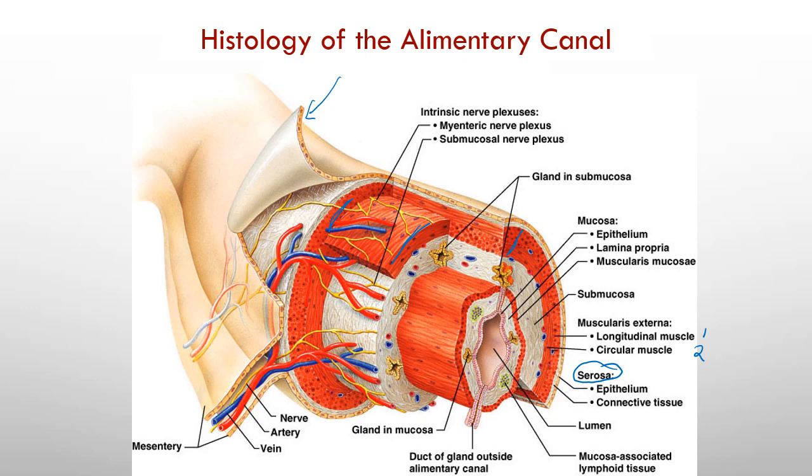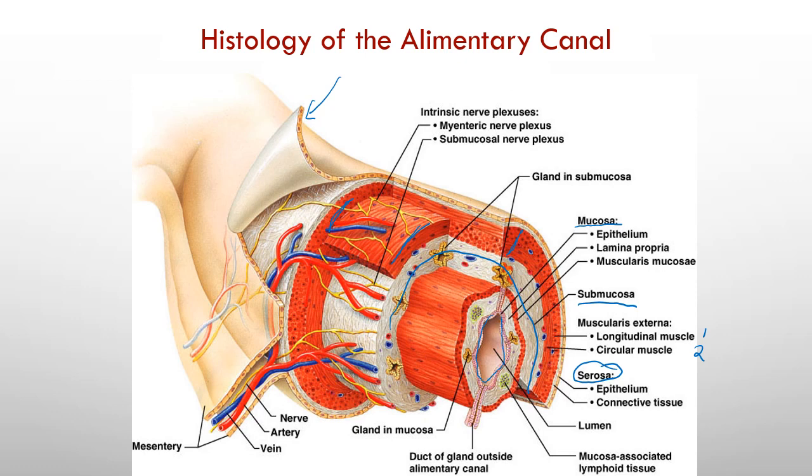Deep to the muscularis layer, we then have a submucosa. The submucosal layer has glands and blood vessels quite a bit in there. And then we move into the epithelium, our mucosal layer itself. This is the portion right on the inside.